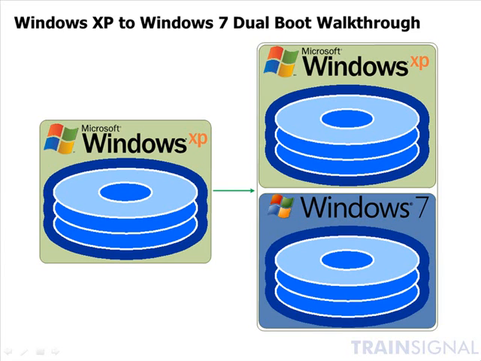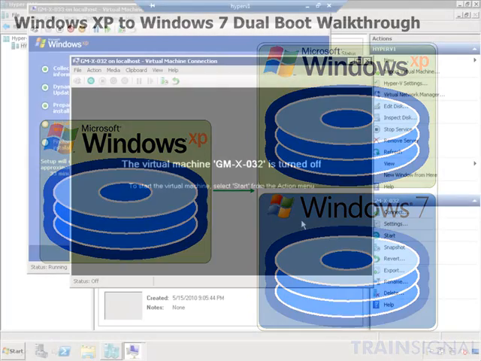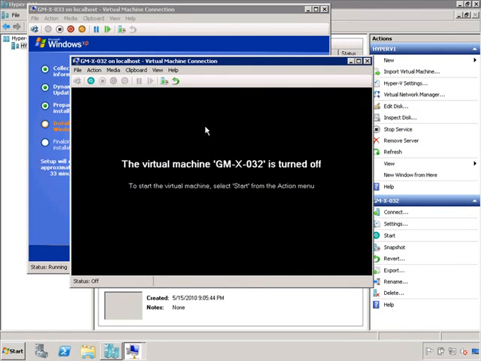Now, we're going to go back over to the Hyper-V server that I'm using, and we're going to install Windows 7 as a second operating system onto a virtual machine. Here we are. We're going to use the virtual machine name GM-X-032. One of the things I want to point out is that this is the virtual machine name. It has nothing to do with the name of the machine that we create inside the virtual machine. This is just an identifier for Hyper-V.